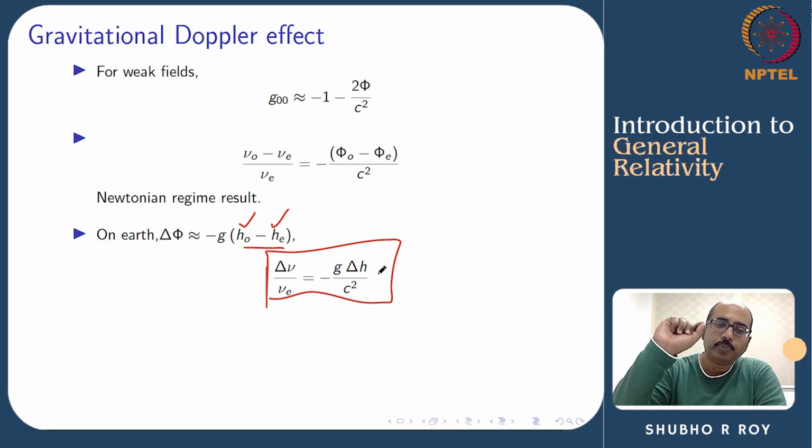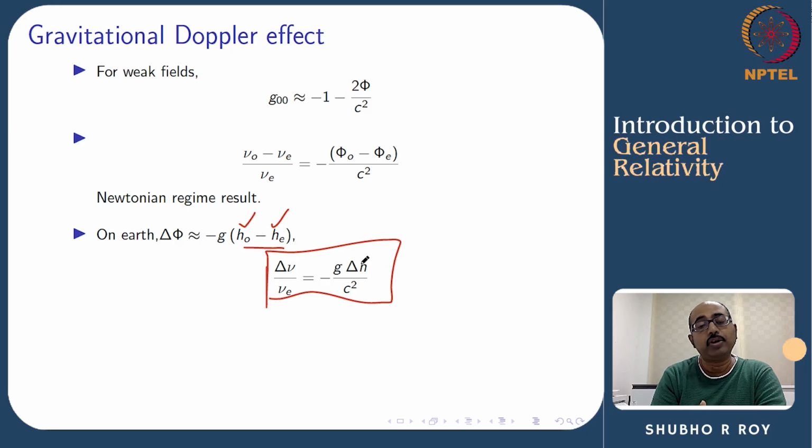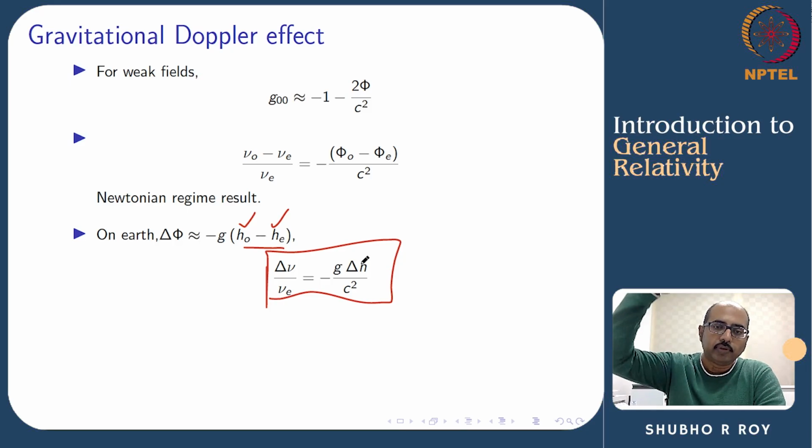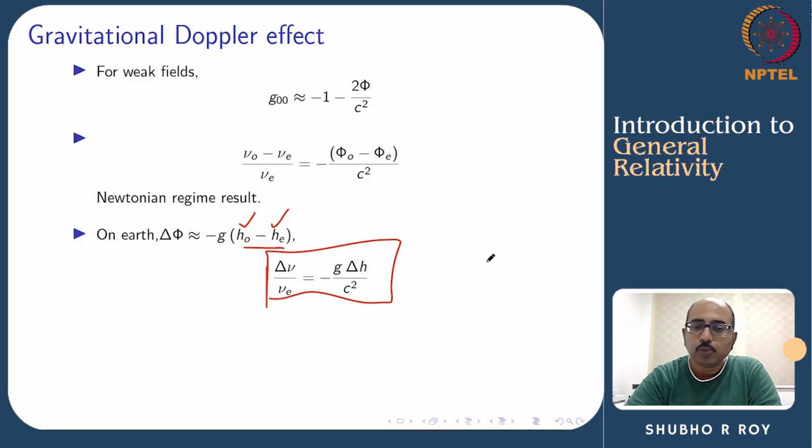As it goes up, delta h will be positive, and hence the frequency will decrease. As it goes down, delta h is negative, and the minus sign will make delta nu positive, that is blue shifting. So if I shoot the light upwards, as the light is traveling up, it will get red shifted, and if I shoot from top to down, then as the light is traveling down, it will get blue shifted.